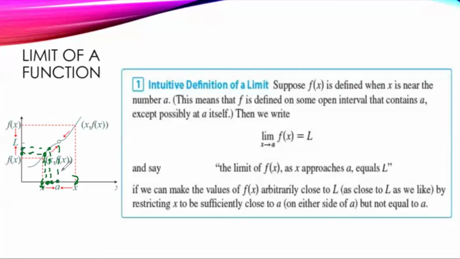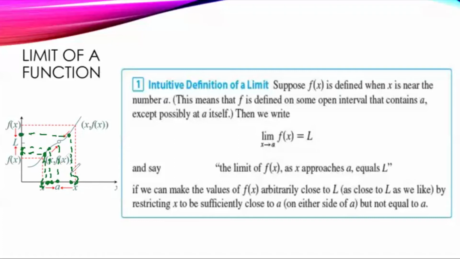How about from the right? For example, this point here. From this point, we let this point approach the point A from the right. There we can find the y value that corresponds to the x value. This is the y value, and that corresponds to what? So this corresponds here.